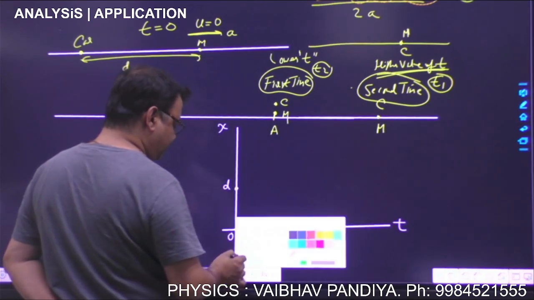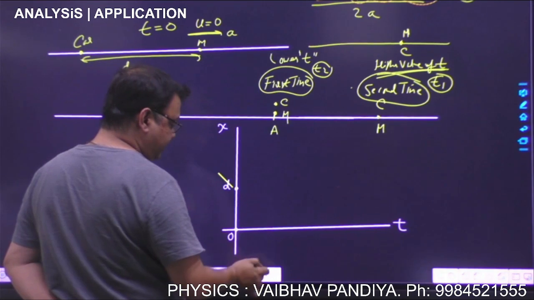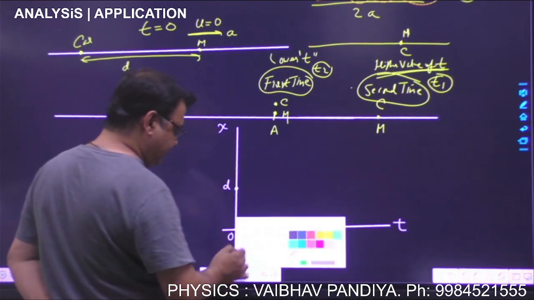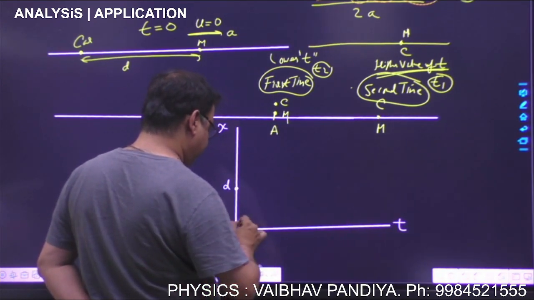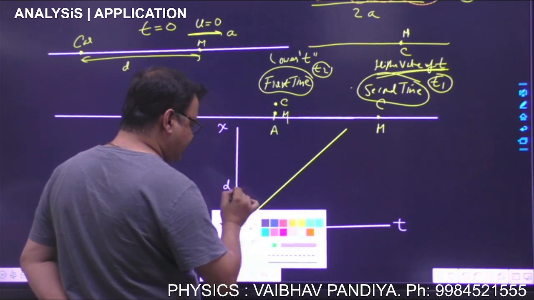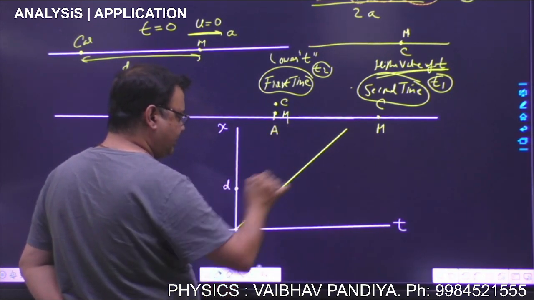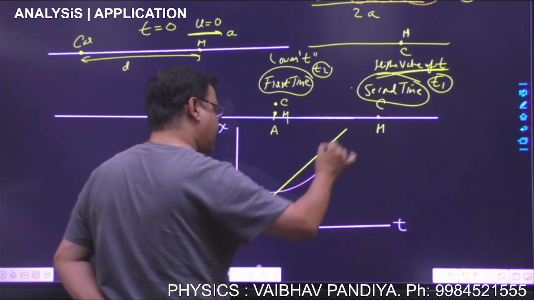The policeman is traveling with a constant velocity, so if you make the graph of the policeman, it will be a straight line with a positive velocity. Can you see? A straight line graph. And the motorcyclist is starting with 0 velocity and with uniform acceleration, so his graph would be parabolic, like this.